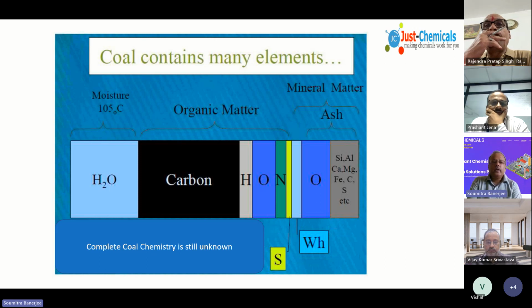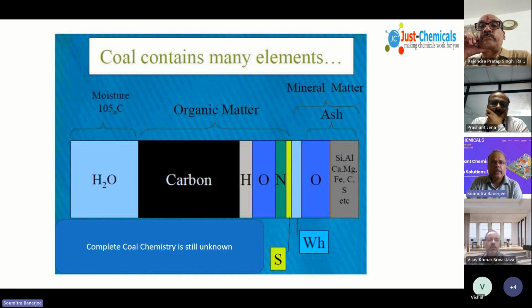If you see, moisture we take out at 105 degrees centigrade. Organic matter may contain some volatile matter plus elemental carbon. Now there are two carbons: one associated with volatile matters like methane, and some which is elemental carbon inside the coal. So that contains carbon in two states, then hydrogen.